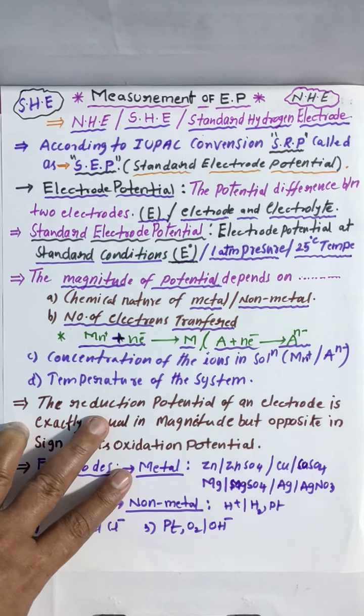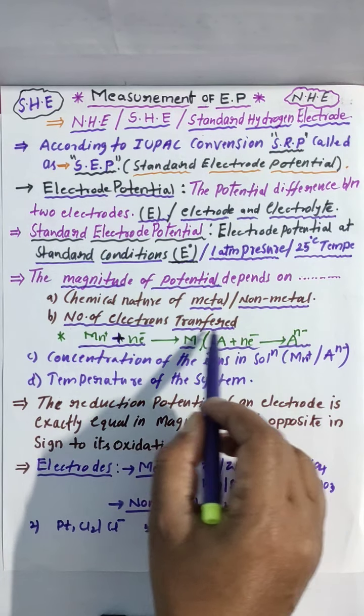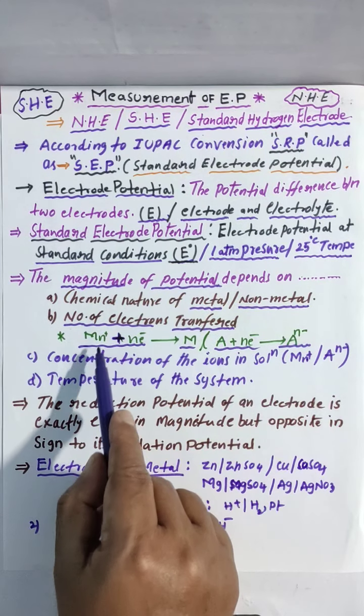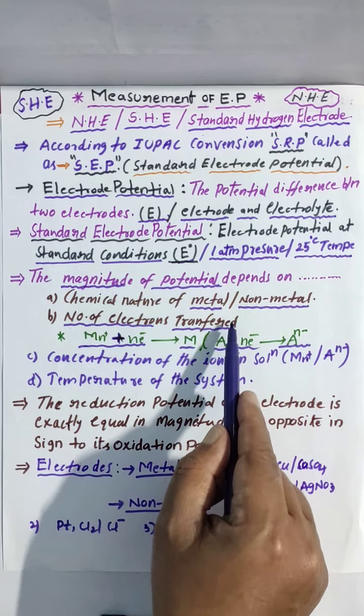So electron transfer also affects the potential.